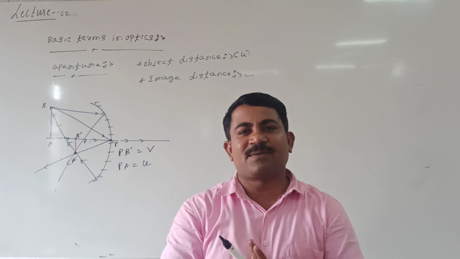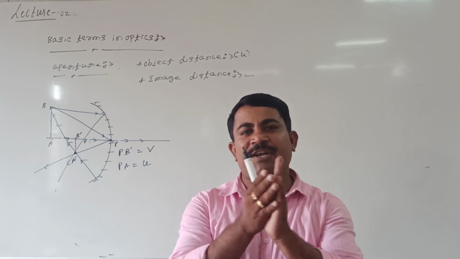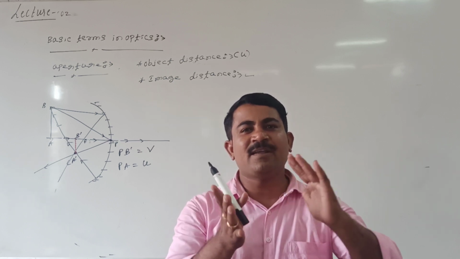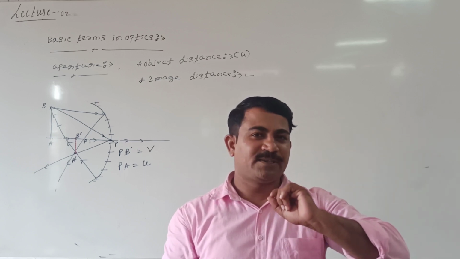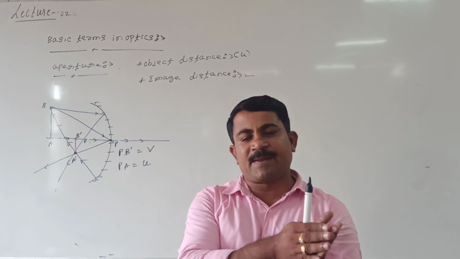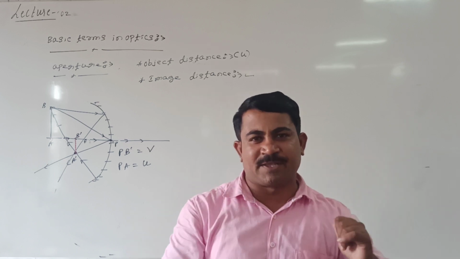Then after this, what are the sign conventions in optics? Sign conventions in optics, that we will study. Before that, how reflection of light takes place on concave mirror and convex mirror, that we will see.